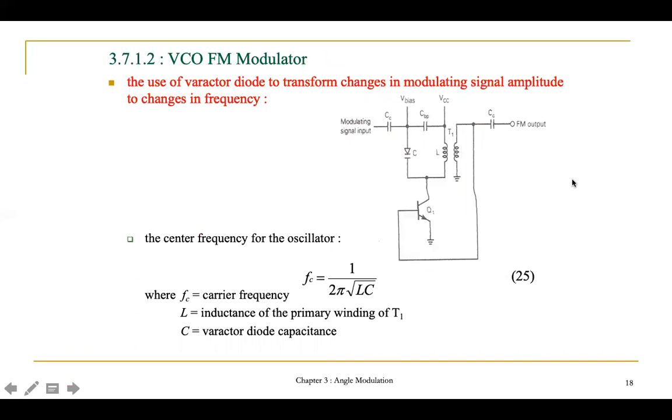So this is the circuit for the VCO FM modulator. If you want to calculate the center frequency of the oscillator, you can use this formula where Fc is equal to 1 over 2 pi square root of LC. L is the inductance, C is the capacitance.